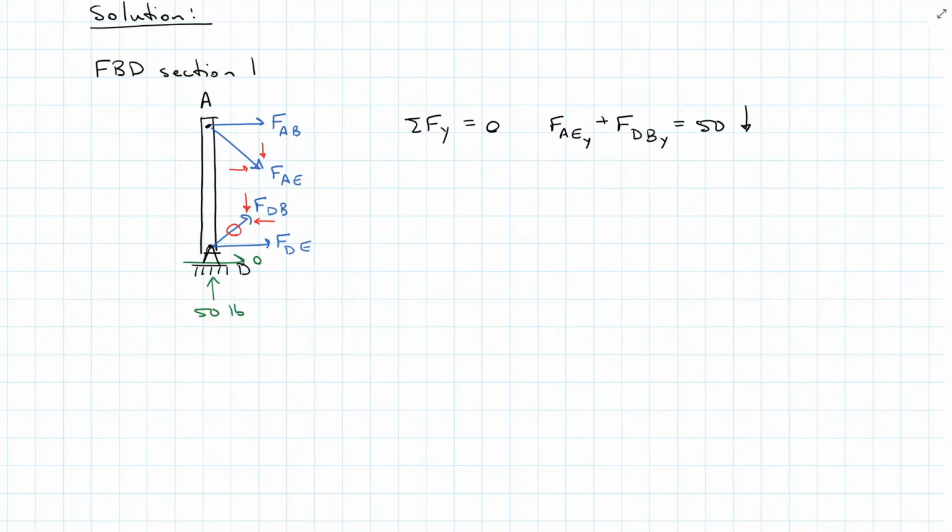So I put a 0 on force DB because it is a slender member and cannot handle compression. So force AE, in the Y direction, is going to take up the entire 50 pounds in the Y direction.